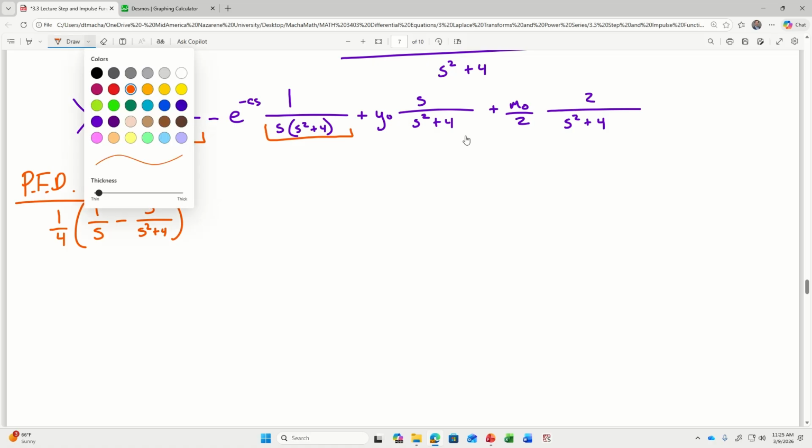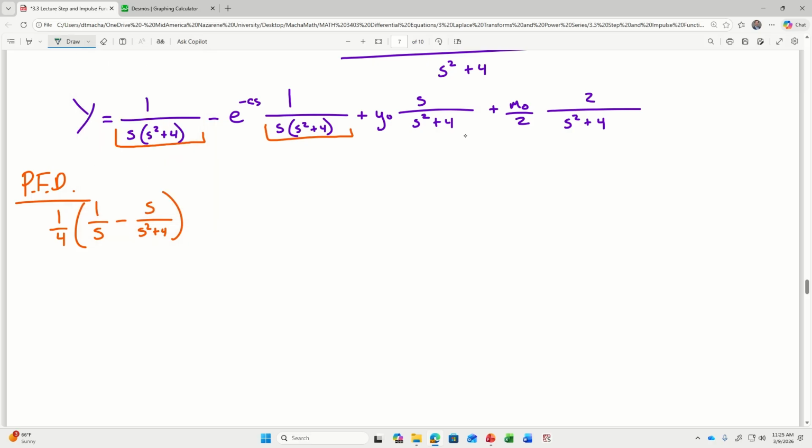I'm just telling you the answer, but when you do this partial fraction decomposition yourself, the way you would set it up is you would set it up like this. You'd have a constant a over s for that factor.